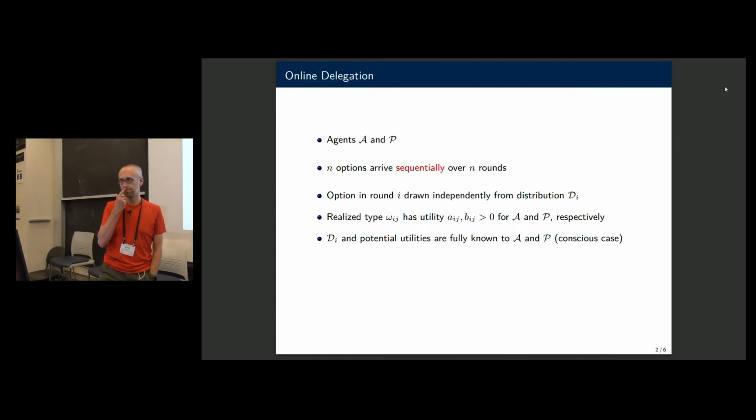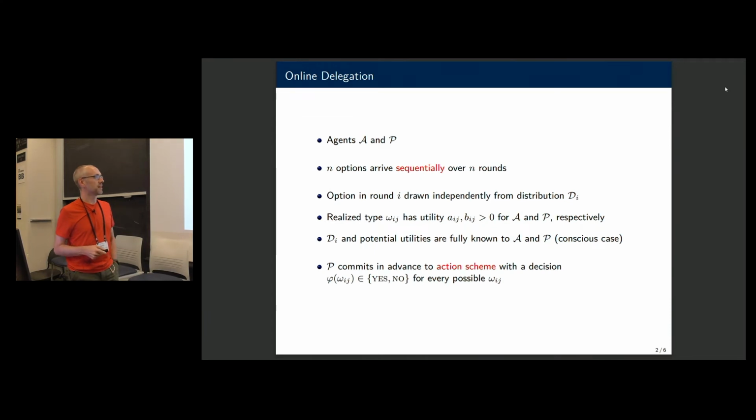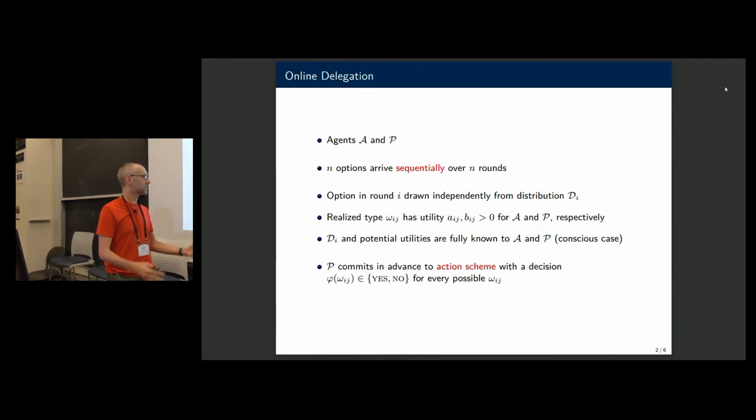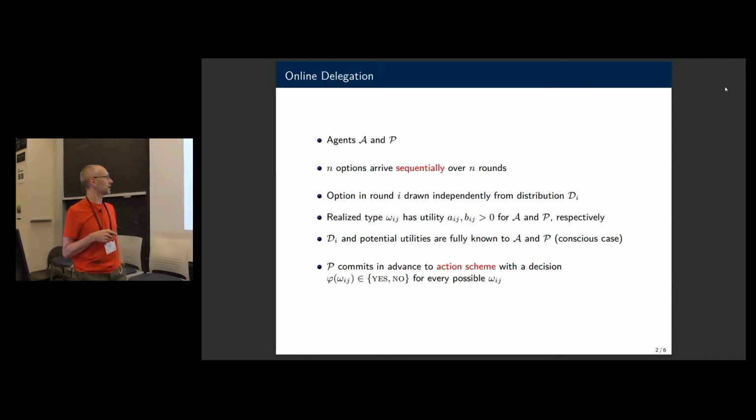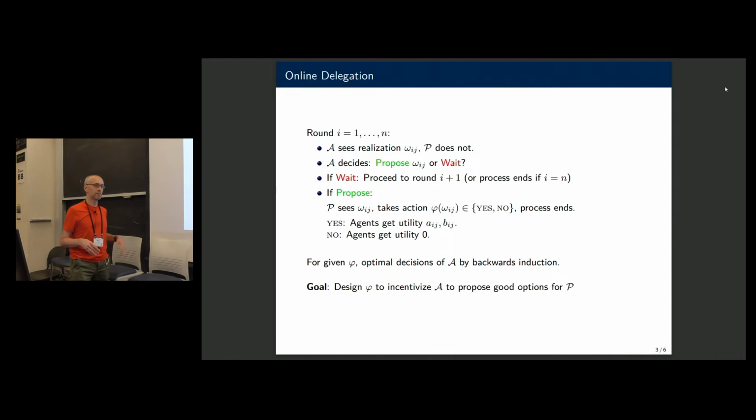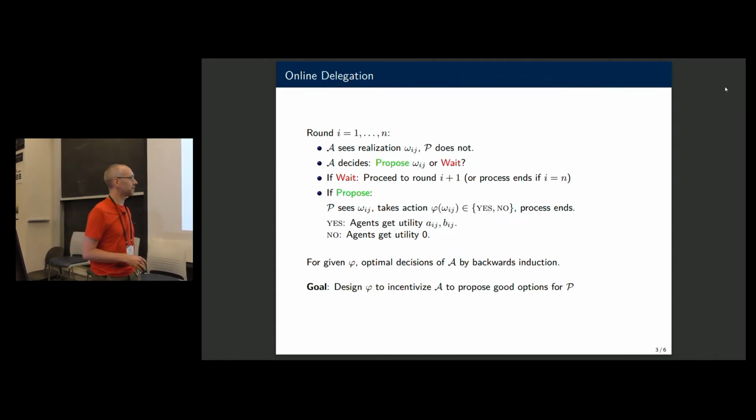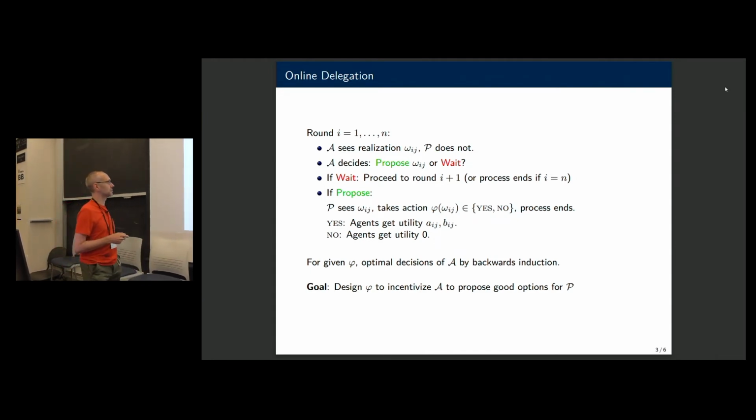Okay, so what happens now is that the principal commits in advance to this menu, to this action scheme, where he says, for each possible choice that is presented to me, I have a decision, yes or no, take it or don't. Now the scenario is the following. I took some pseudocode here because I was too lazy making nice pictures, but I'll walk you through this. In each round, the agent sees the realization. First candidate comes in, he sees that's the candidate that's realized.